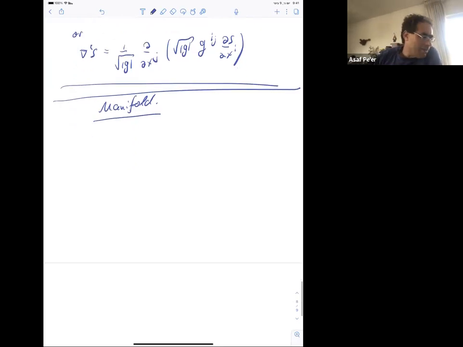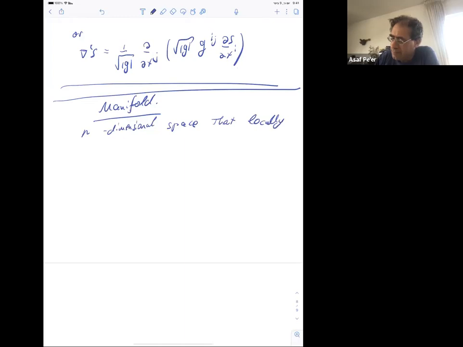So what is the exact mathematical definition of a manifold? I said that roughly it is an n-dimensional space that locally looks Euclidean, but globally is not.